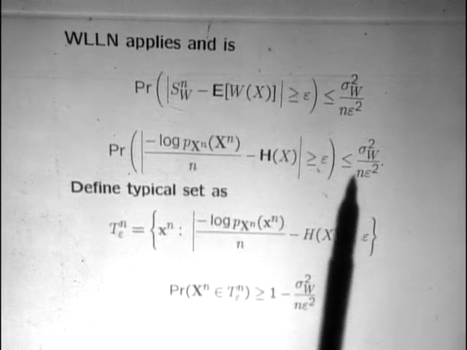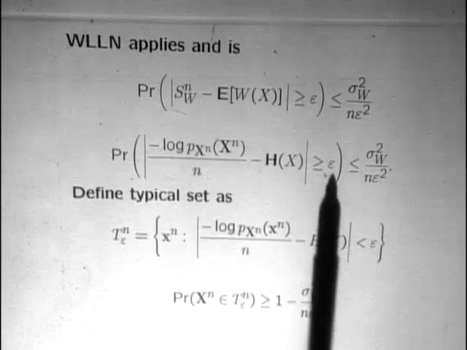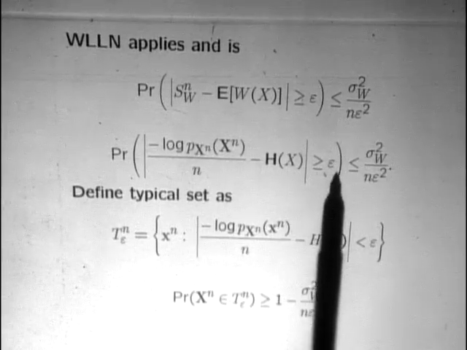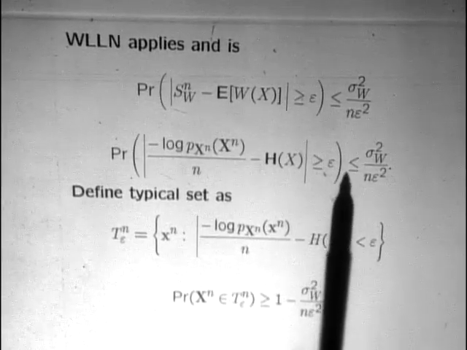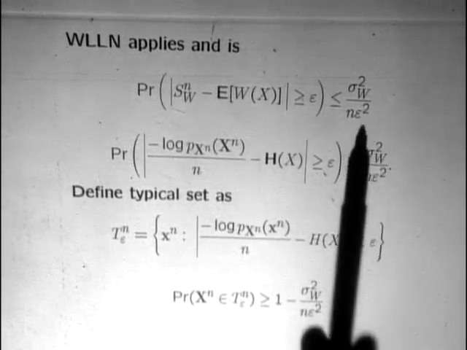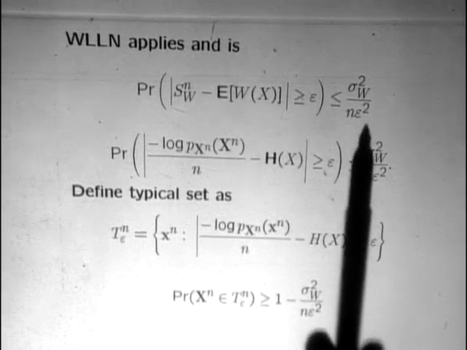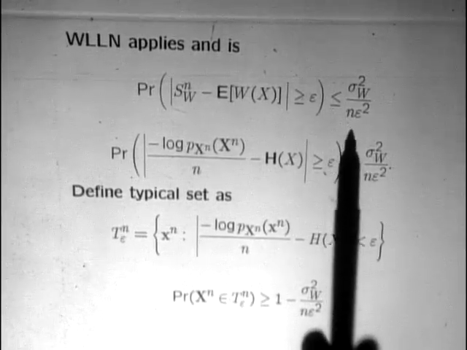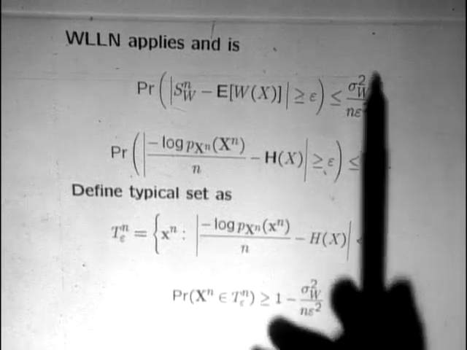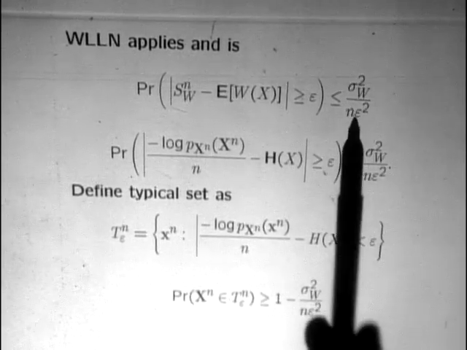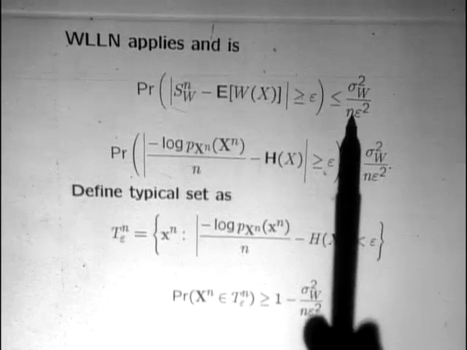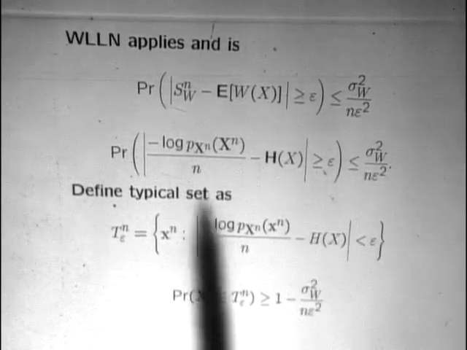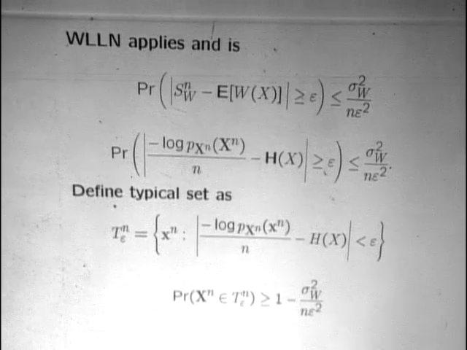Epsilon we're thinking of as a small number, n we're thinking of as a large number. But the game we always play here is to first pick epsilon as small as you want to make it, and then you make n larger and larger, and as n gets bigger and bigger, eventually this number gets very small. That's the game that we're playing. It's why we're thinking of n times epsilon squared as a large number.